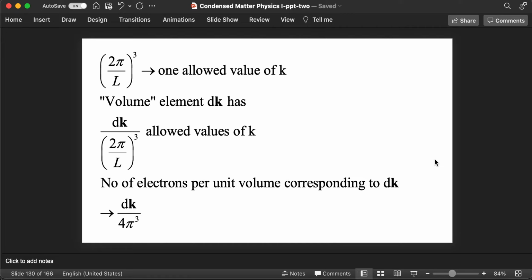So one wave vector can be found in a volume given by this. When I say volume, it must be understood I'm talking about volumes in reciprocal space. So if I consider some arbitrary element dk, then that will contain this many allowed values of k, and I can now write that the number of electrons per unit volume corresponding to dk is just that.